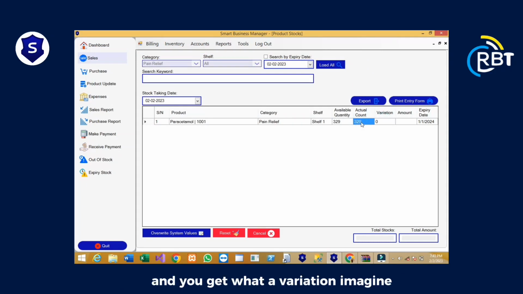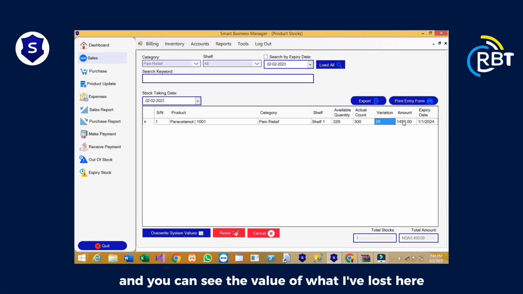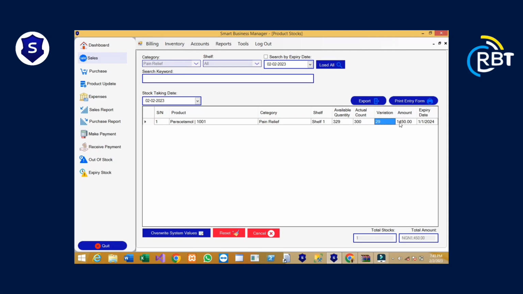So the actual quantity replaces the available quantity, and you get what? A variation. Imagine I go to the shelf and this is 329 and I counted just 300. So there's a difference of 29, and you can see the value of what I've lost here, 1450, meaning the variation times the cost price gives you this, right?